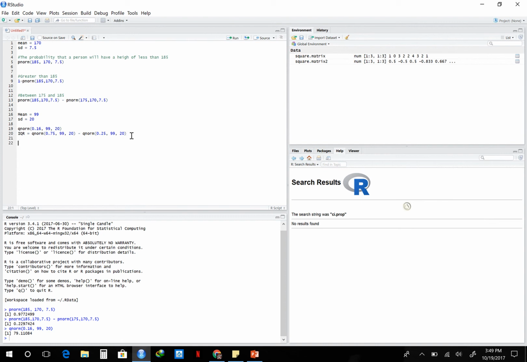Okay. And then I'll briefly go over how to find the mean and standard deviations when we have multiple values given. So for instance, let's say height again.